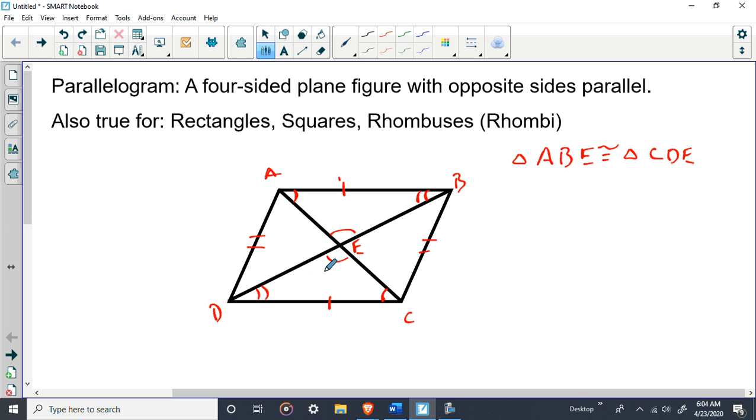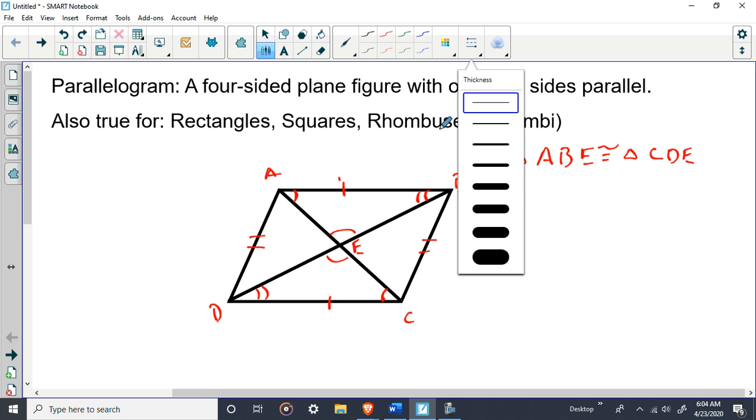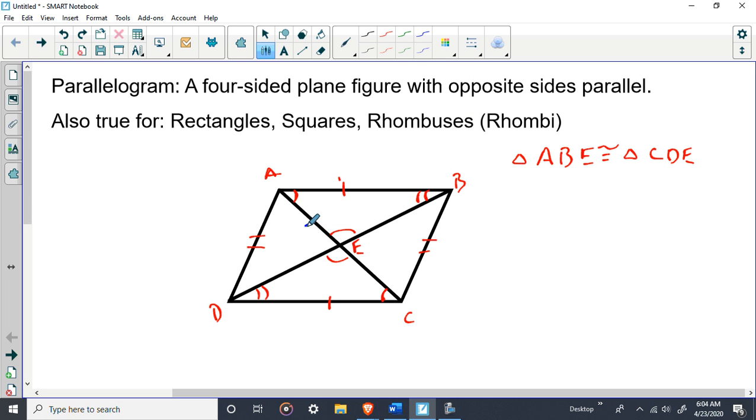So we know that these two triangles are congruent. I'm going to do them in different colors because otherwise this gets really complicated. But what does that tell us? Well, if they're corresponding, then this one is the same as this one, and this one is the same as this one. I know I put two stripes there, but I'm using a different color because I'm going to run out of symbols. But essentially I have two congruent triangles here.